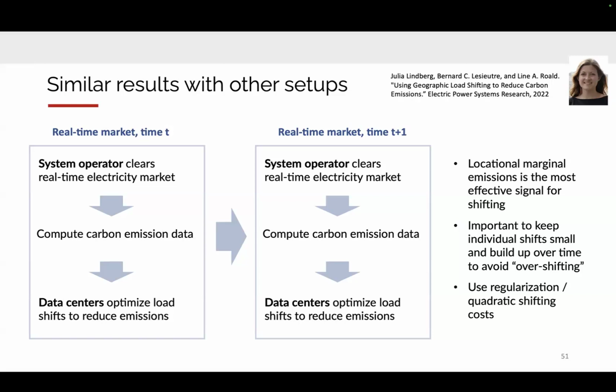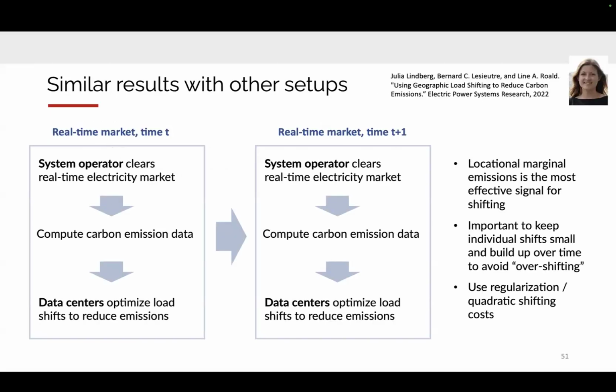We see here, and also in other parts of our work, that it's important to try to keep individual shifts small and build up over time to avoid overshifting. And this is where you use something like a regularization parameter that can also be interpreted as a quadratic shifting cost. And so that is how far we have gotten with the shifting cost itself. But it helps in many ways to assign a shifting cost in terms of accuracy as well.